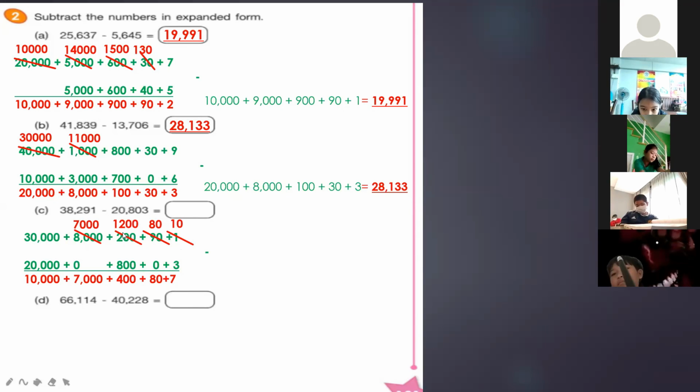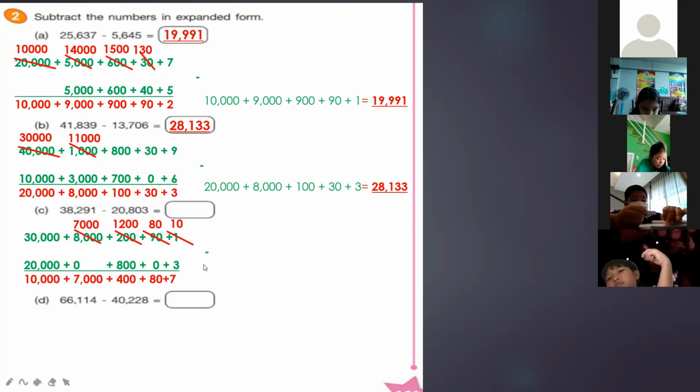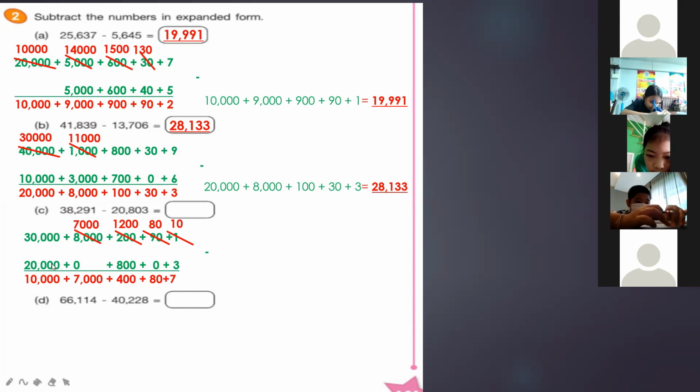And for the hundreds place, 200 is smaller than 800. So we have to borrow 1,000 from 8,000. So 8,000 becomes 7,000 and 200 becomes 1,200. So 1,200 minus 800 is equal to 400, and 7,000 minus 0 is 7,000, and 30,000 minus 20,000 is 10,000.